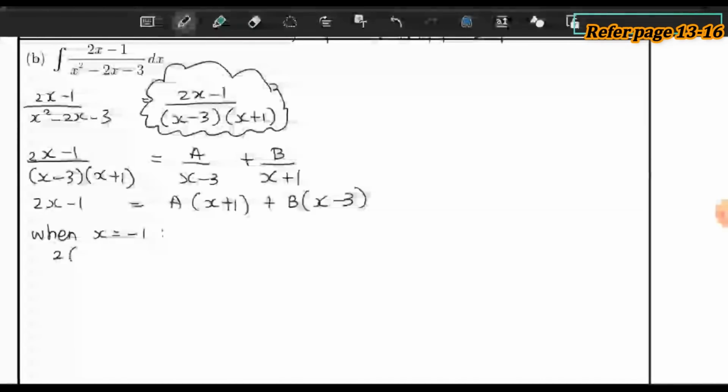So, 2 times -1 minus 1 equal to a times -1 plus 1 is 0. And plus b times -1 minus 3. Therefore, you will get b equal to 3 over 4.